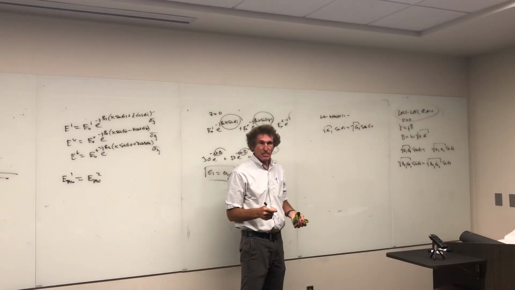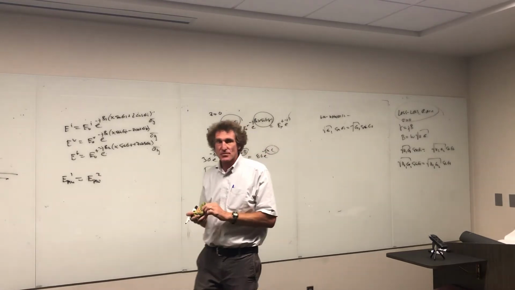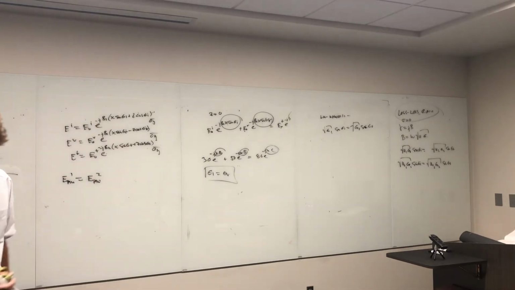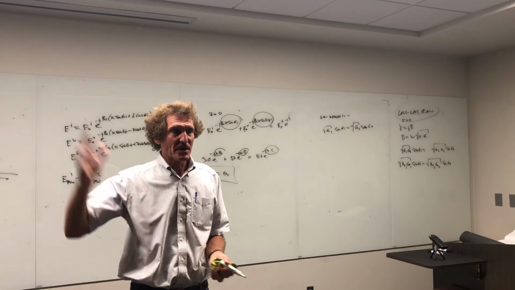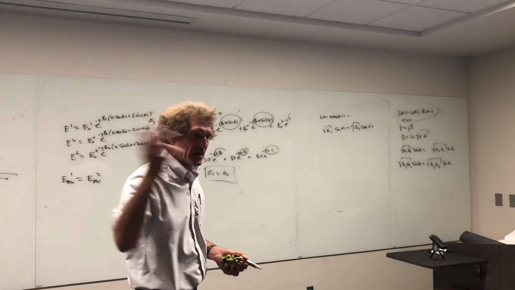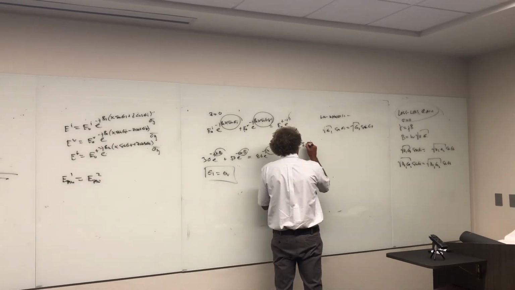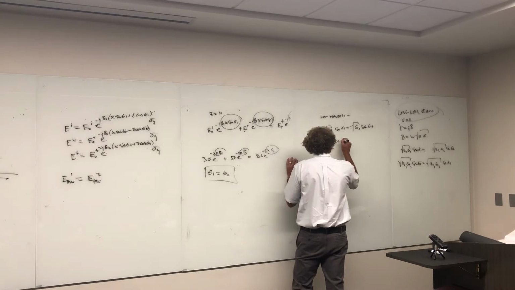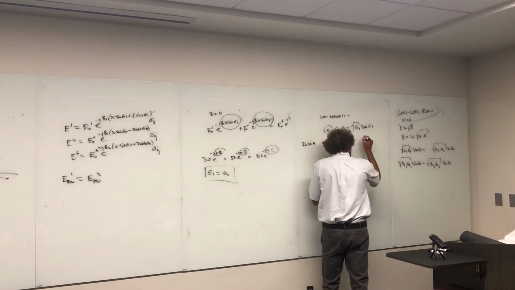Class, does anybody know what the square root of epsilon relative is usually referred to in optics? Why don't you know? The index of refraction. How many have heard that term? In optics, it's common. The symbol for the index of refraction, write this down, is just this n.